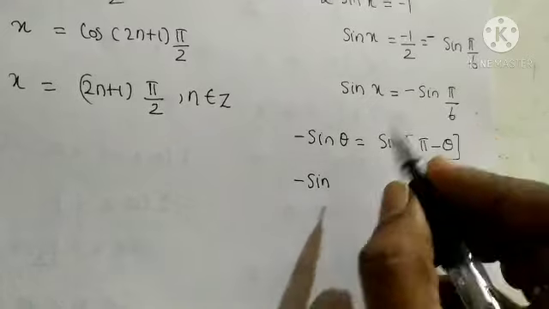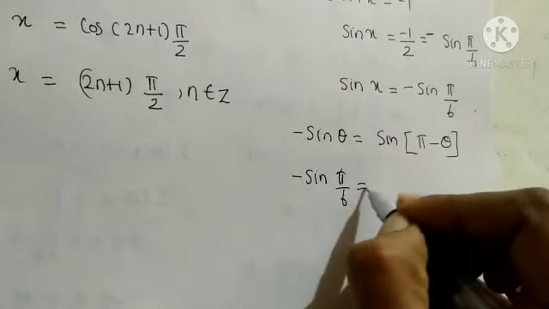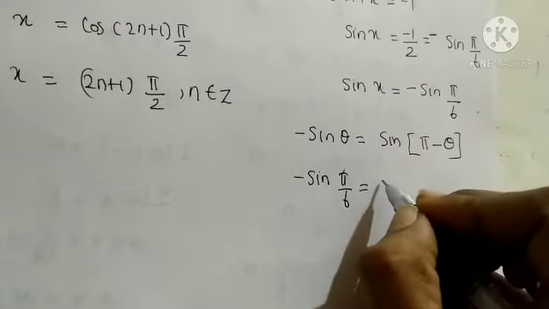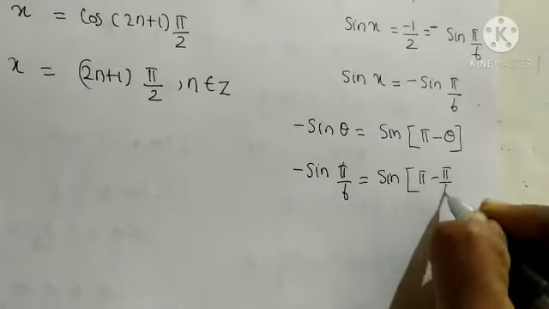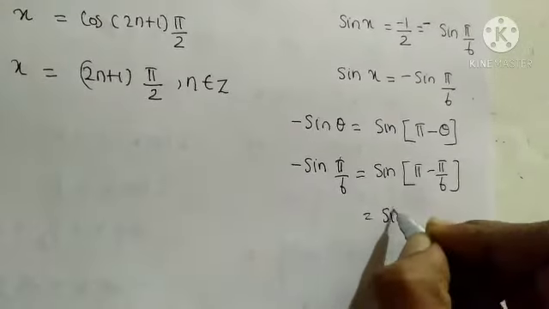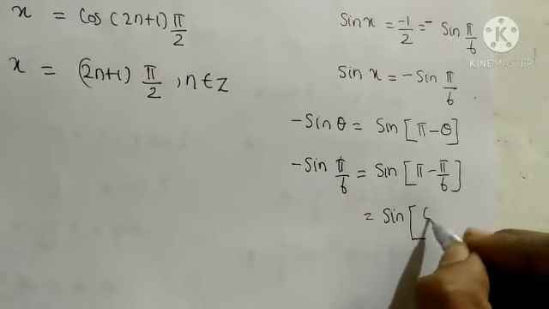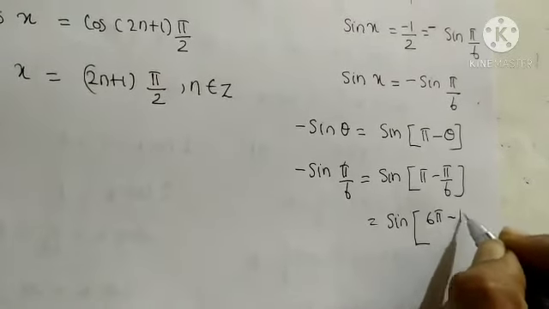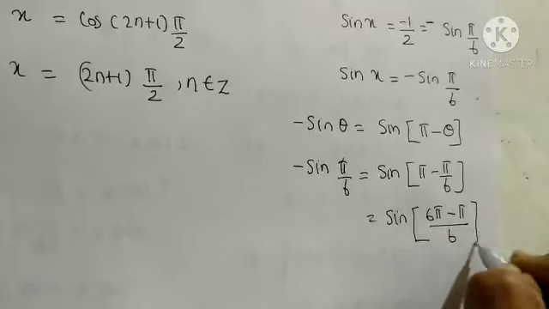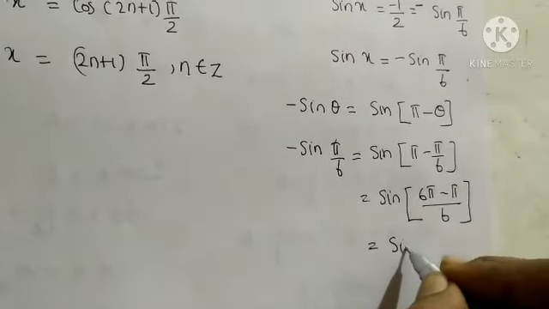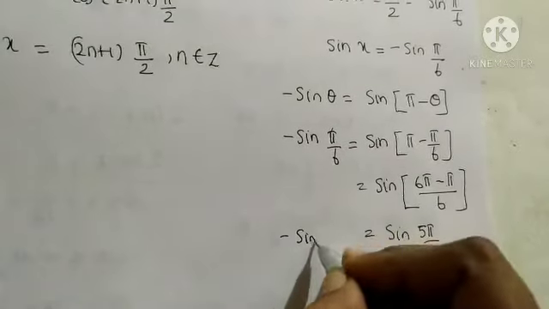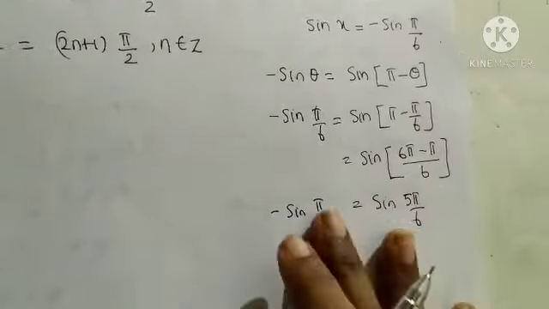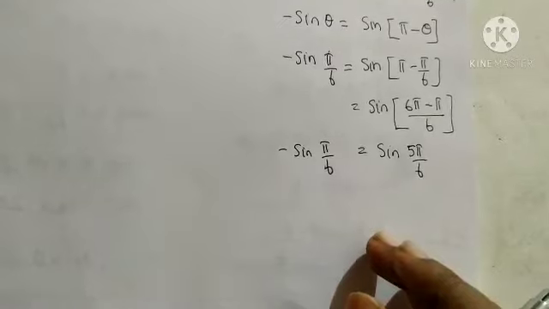Here it is sin pi by 6, so replacing theta by pi by 6, we get sin of pi minus pi by 6. Using cross multiplication, 6 pi minus pi divided by 6 is 5 pi by 6. Here we get minus sin pi by 6 is equivalent to sin 5 pi by 6.